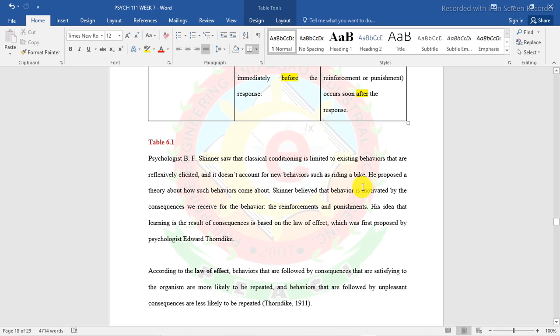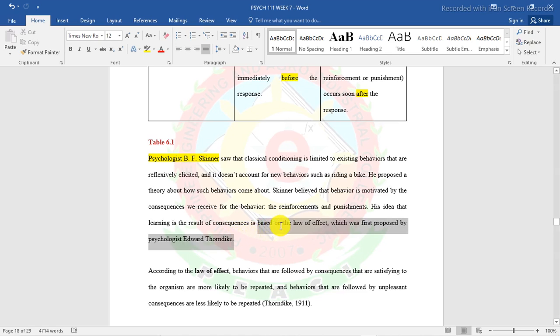Skinner believed that behavior is motivated by consequences we receive for the behavior. Reinforcement and punishment. Ito yung Skinner talaga to, no? His idea is learning is a result of consequences. Ito yung operant conditioning ni B.F. Skinner, siya talaga yung operant conditioning. His idea is based on the law of effect, which was first proposed by psychologist Edward Thorndike.